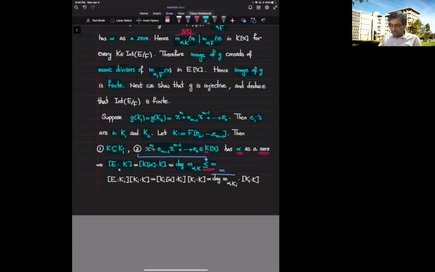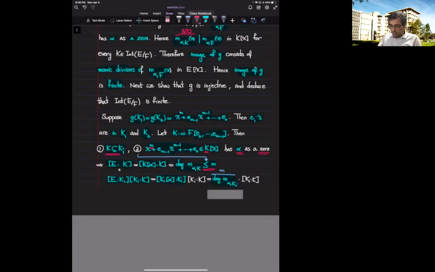But on the other hand, using the tower rule and using the fact that K is contained inside K sub i, I can argue that the degree of this field extension is the product of the degrees of the field extensions E over K sub i and K sub i over K. Then the degree of the field extension E over K sub i, by the same argument as we did just now, is the same as the degree of the minimal polynomial of alpha over K sub i.